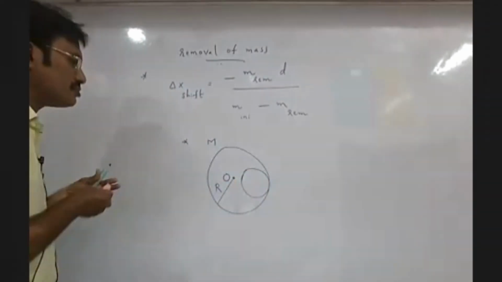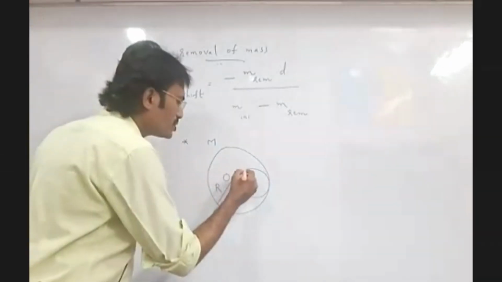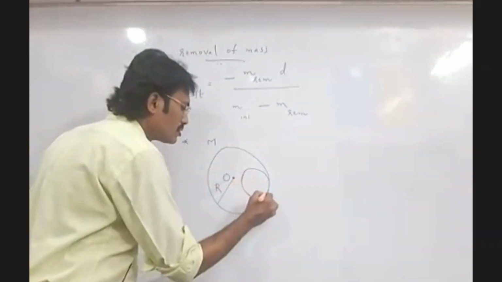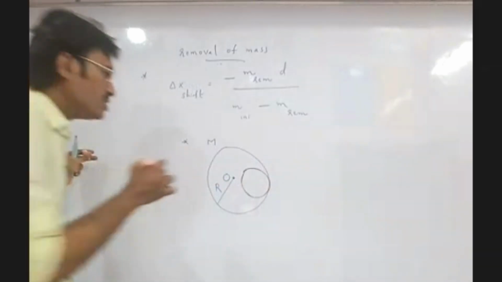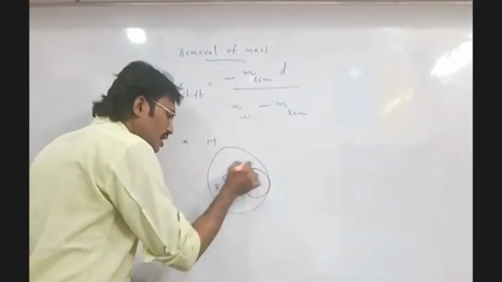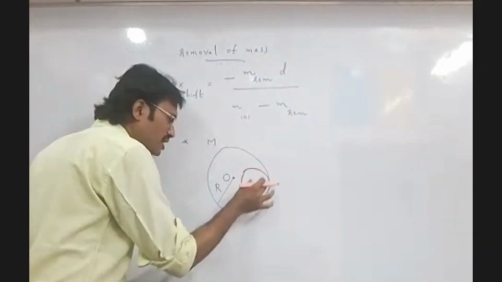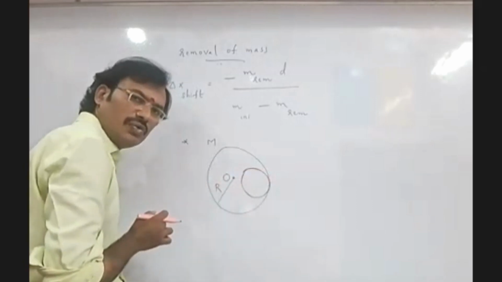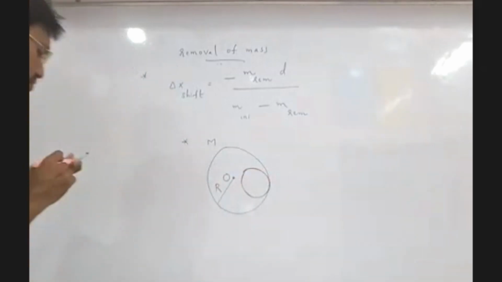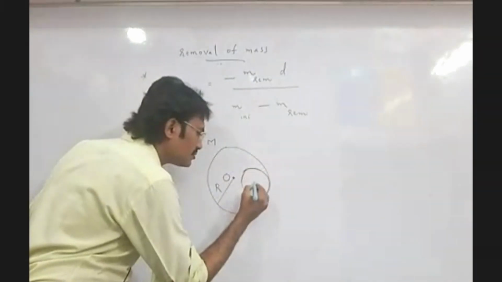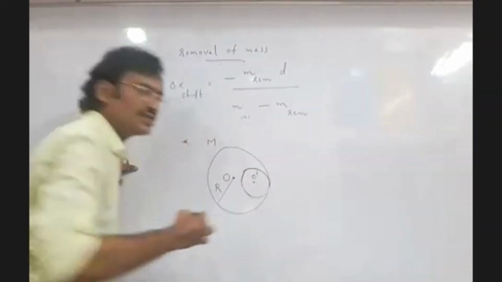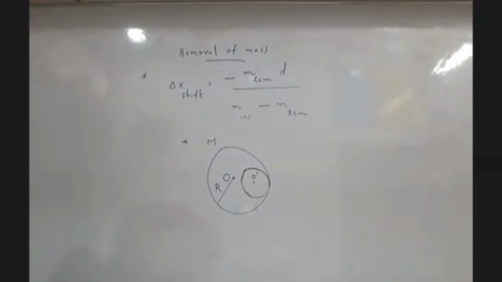See here, this is the removed portion. When this part of the circle is removed, how do we consider it? For this removed part, this is the center, O dash. O dash is the center of mass of the removed part.